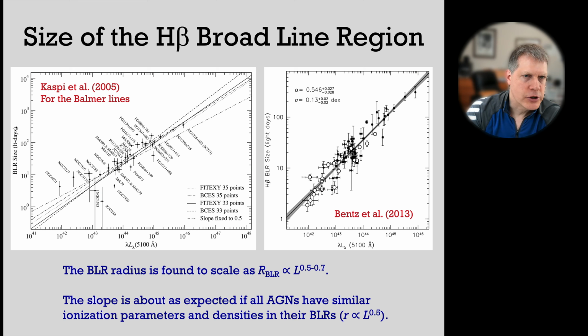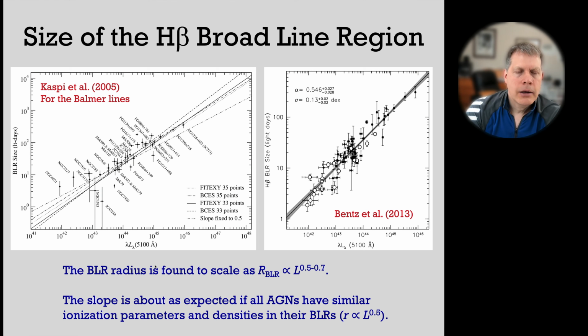Here again is another paper which uses some of the same data, but with some important technical improvements, showing the H beta broad line region size versus luminosity. And you can see that there's a clear correlation there. More luminous systems have bigger broad line regions.